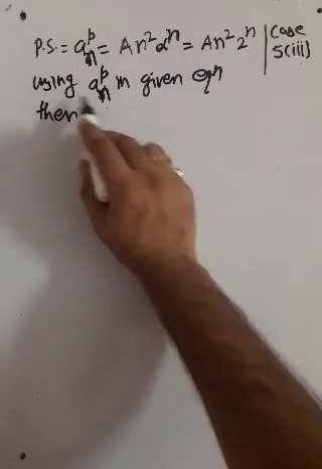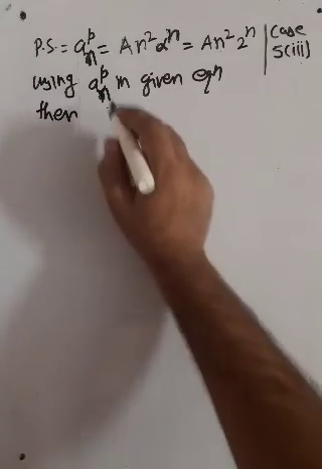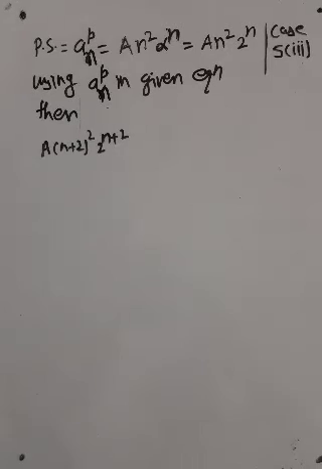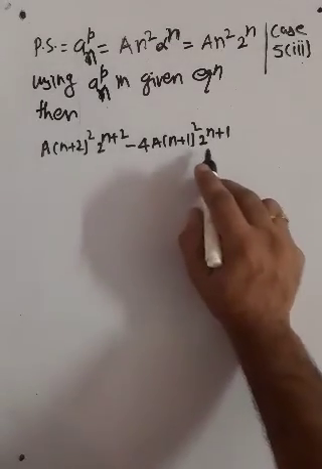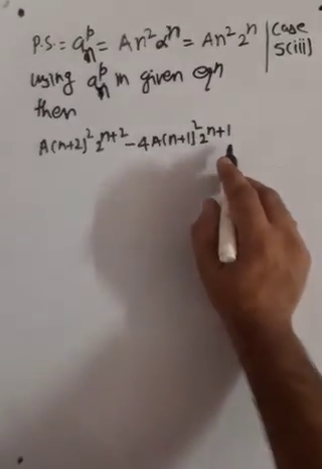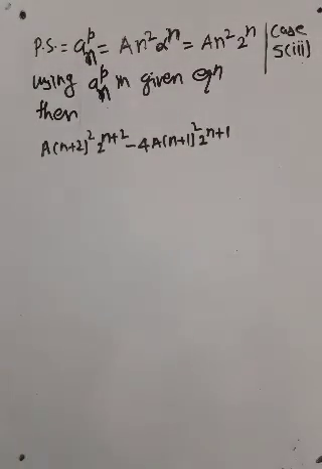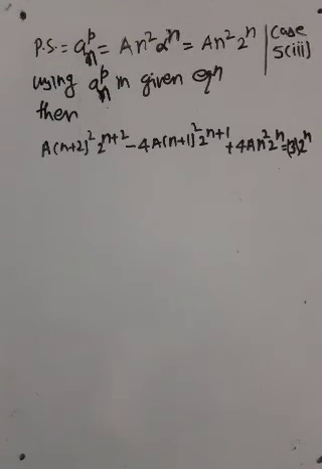Using A and P in the given equation, we get a n plus 2 square 2 raised to n plus 2 in place of a n plus 2, minus 4 a n plus 1 square 2 raised to n plus 1 in place of small a n plus 1, and plus 4a n square 2 raised to n in place of an, equal to 3 2 raised to n.